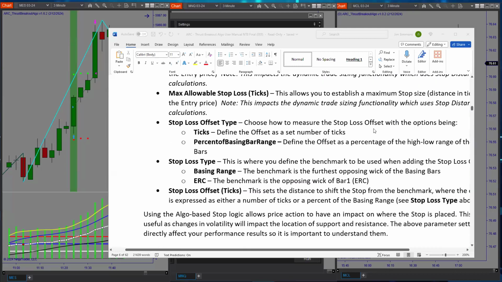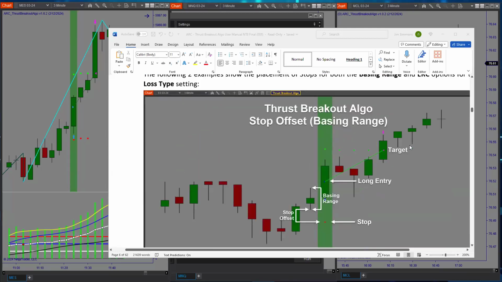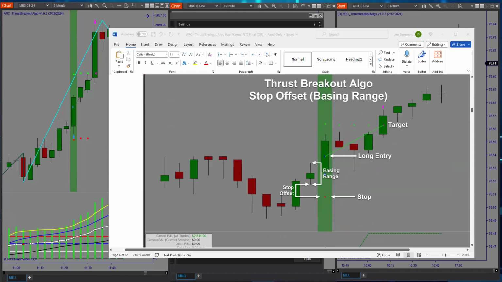Stop placement. You've got a couple choices here. So your stop, the idea is go below the base candle. You've got a couple options there. You can set it to number of ticks below the wick. You can set it to a range and a percentage, which is very, very awesome, if I do say so myself.